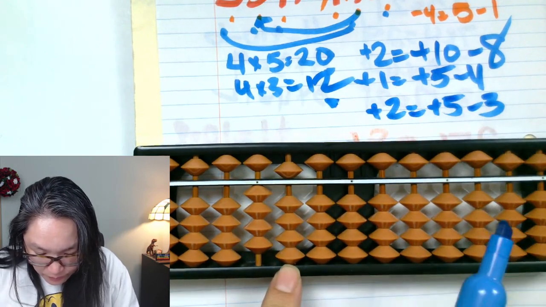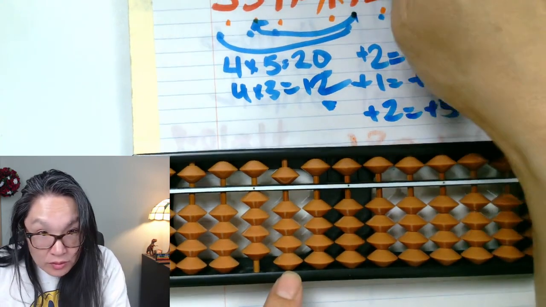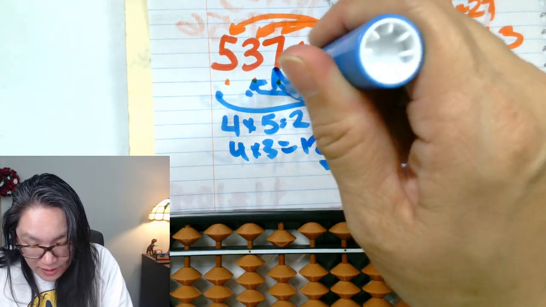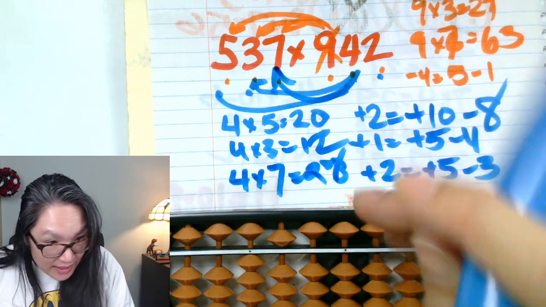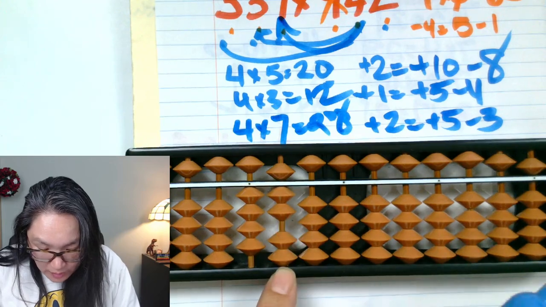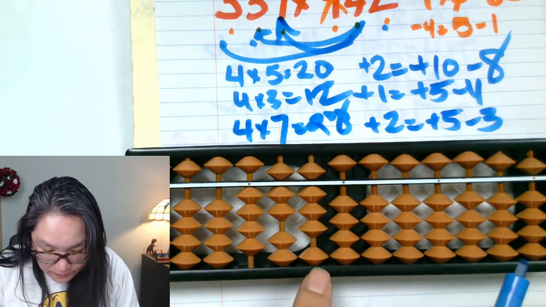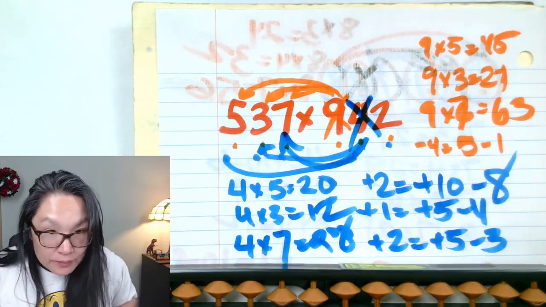That was my 2. Okay, so now I have to do 4 times 7. 4 times 7 is 28. Add the 2, and I add the 8. I'm now done with 4.